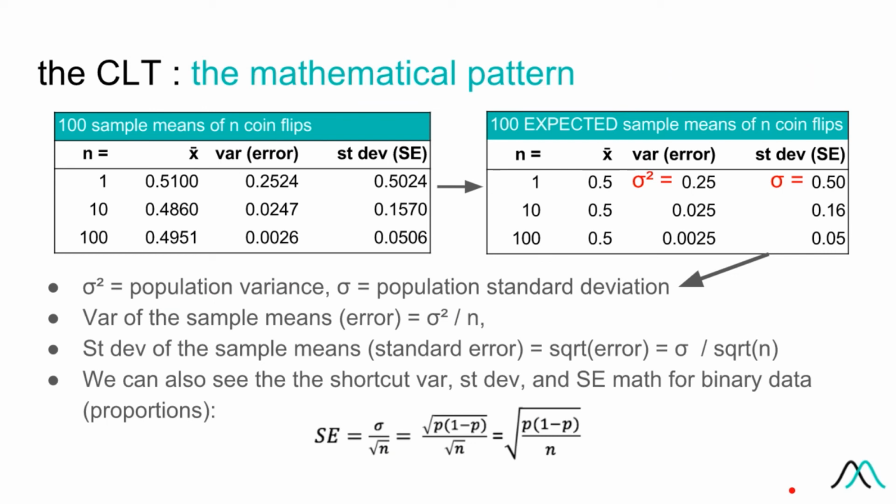So if we go back and look where we discussed the formula for standard error being the population standard deviation over the square root of n, well, if binary data's variance is P times 1 minus P, its standard deviation is the square root of that, and so the standard error of binary data is the root of P times 1 minus P over n.